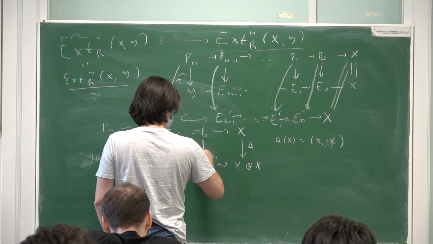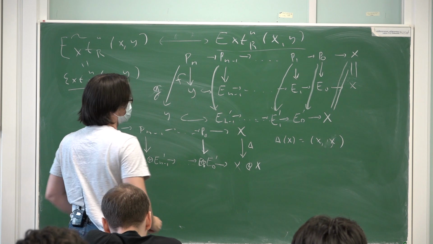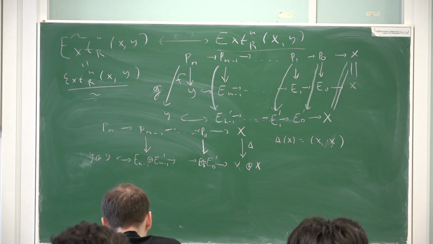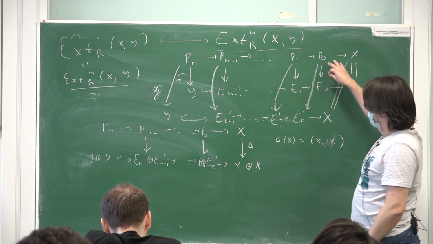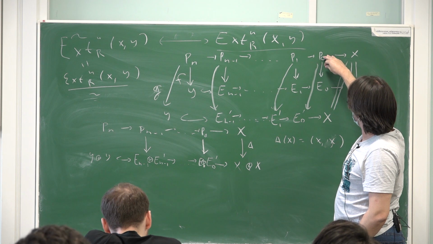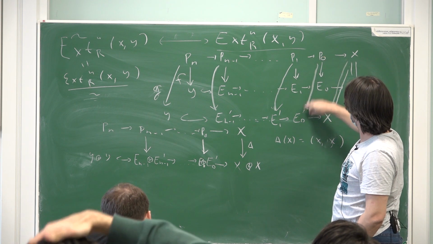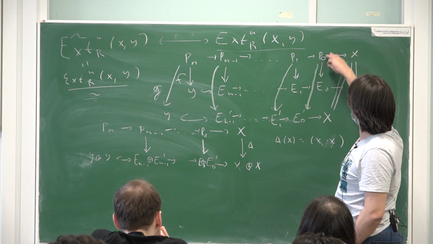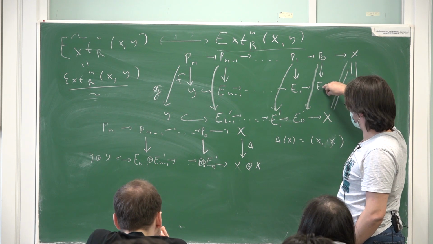Then here we can put the direct sums of these maps. Well, probably it's not a direct sum. When we apply a map, we apply it to one coordinate, and we apply the first map and get the first coordinate.